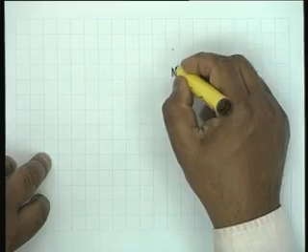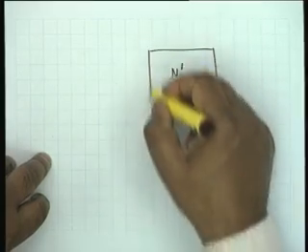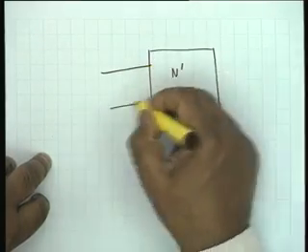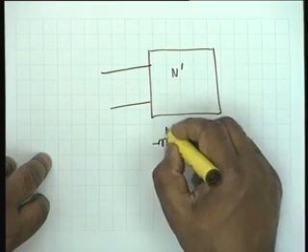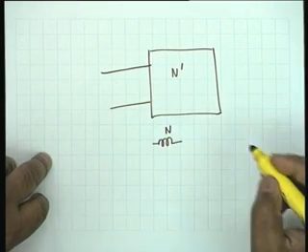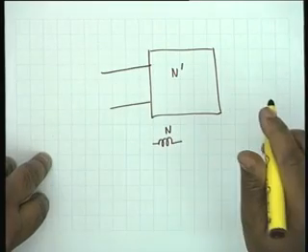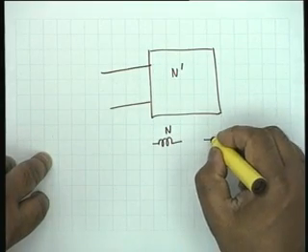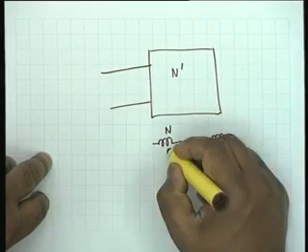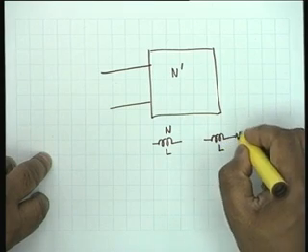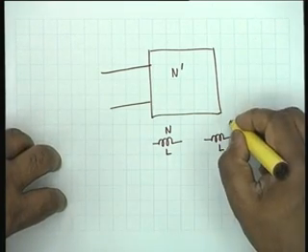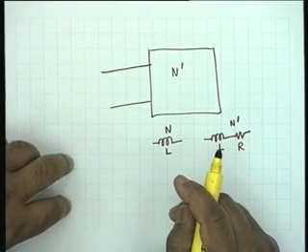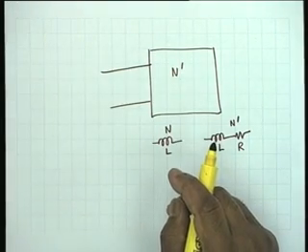modify capital N. Let us modify capital N to N prime such that what was a pure inductance in N, let us add in N prime an inductance L in series with a resistance R. That is, in N prime we make it into a more lossy network.